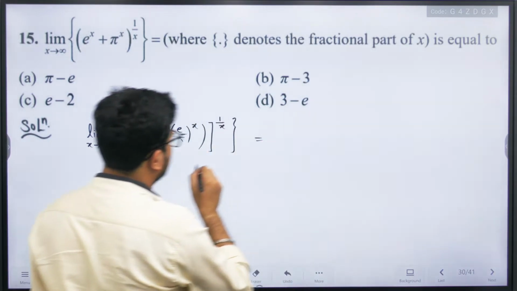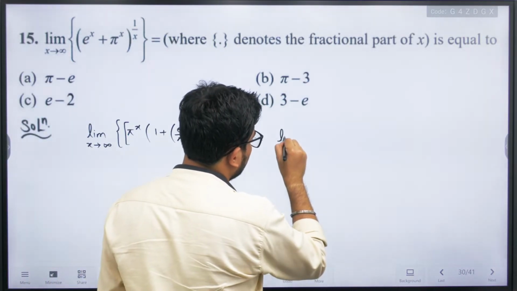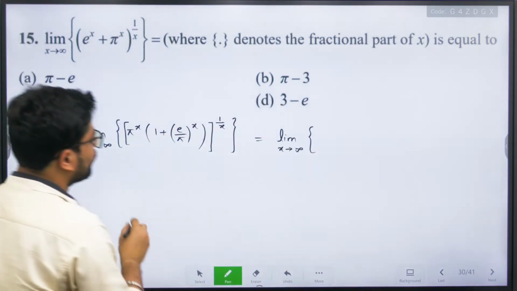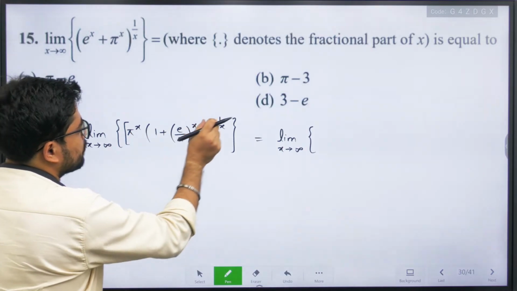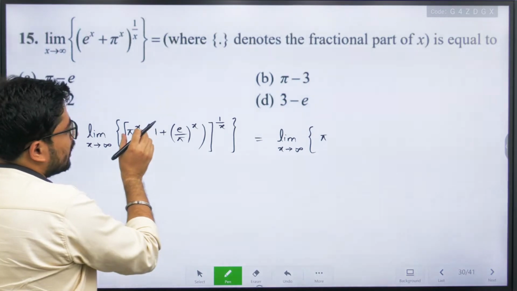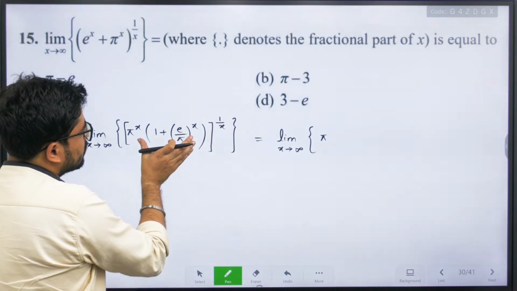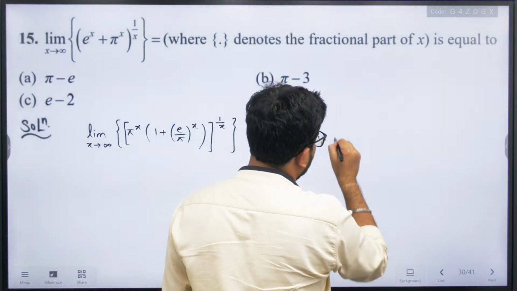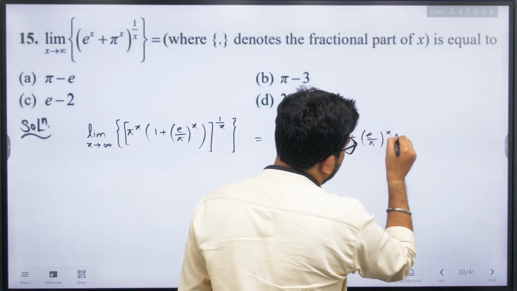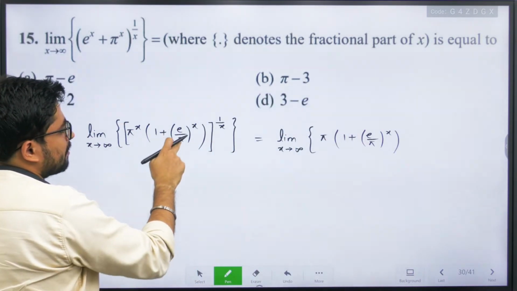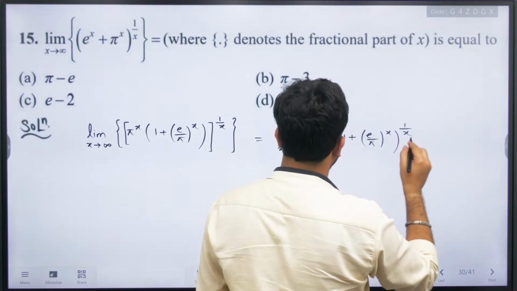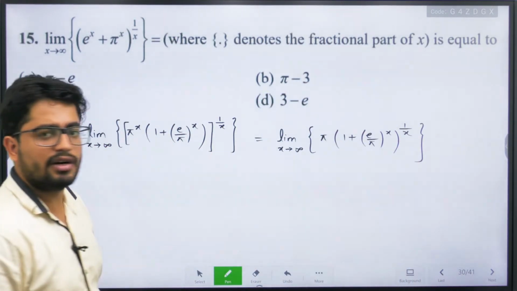Now this thing is equal to the limit as x tends to infinity of the fractional part function. Now pi to the power x whole to the power 1 by x, so this is pi into (1 plus (e by pi) to the power x) whole to the power 1 by x. Fractional part. Clear?